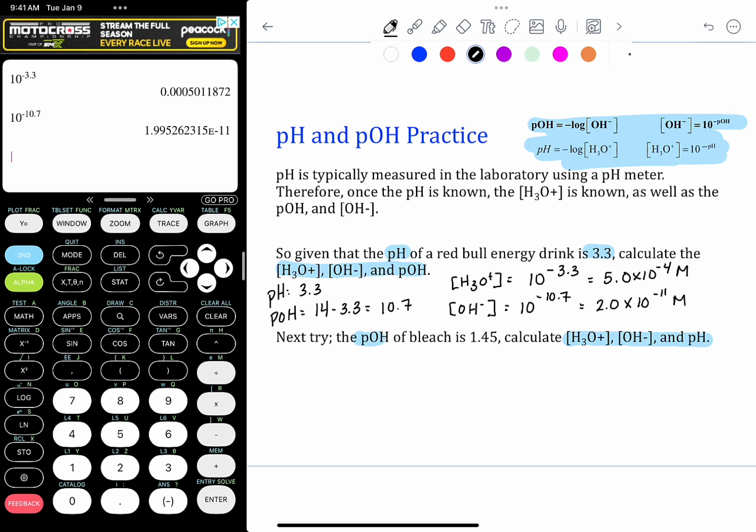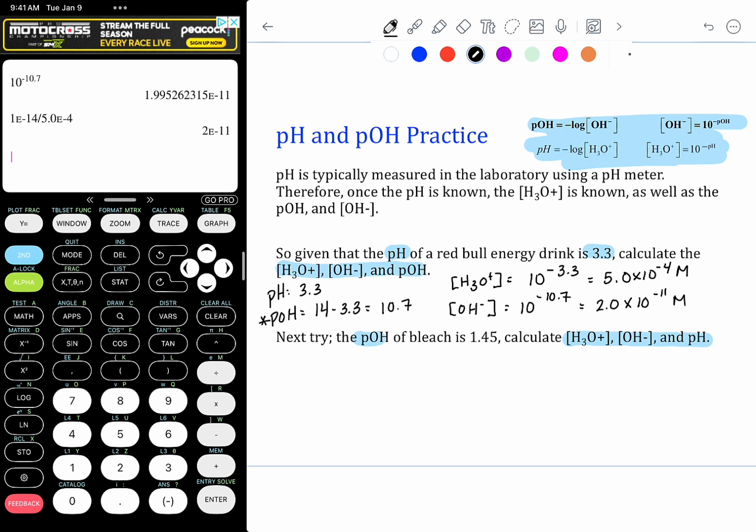We could also find that by doing 1 times 10 to the minus 14 divided by our H3O plus concentration, just like we did in our previous lesson. And we get the same number, 2 times 10 to the minus 11. So either way that you do that is going to give you the same number, because we're already relating it to Kw when we do our pOH calculation there.